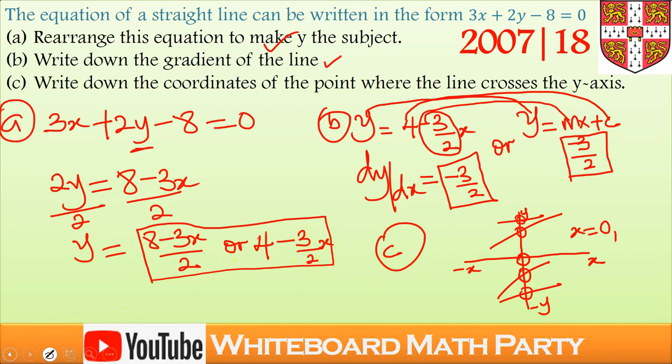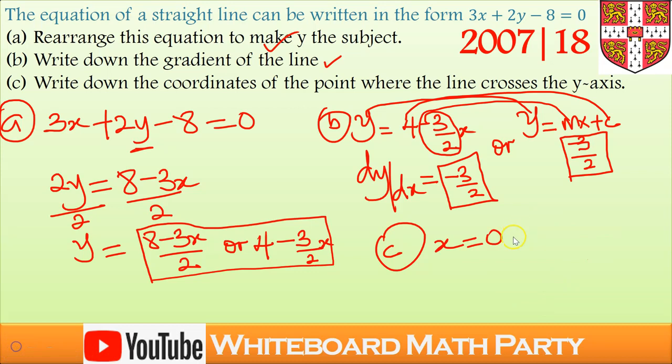So I'm going to erase this and then I'll do that. With our x being 0, the value of our y is going to be found using the equation y is equal to 4 minus 3x over 2. So I'm going to substitute 0 in place of x, and that's going to leave us with y is equal to 4.